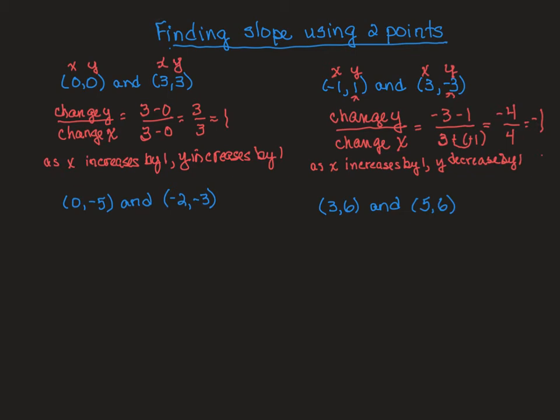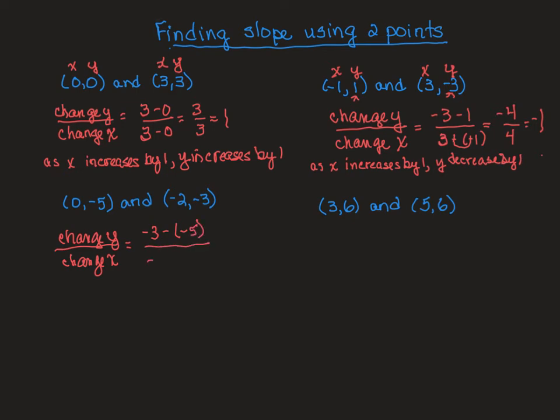Remember we have change in y over change in x. Okay, so I'm not going to label them. Remember, the first one's x, the second one's y. Let's get used to that. So I'm going to have -3, take away, and the other y is -5.